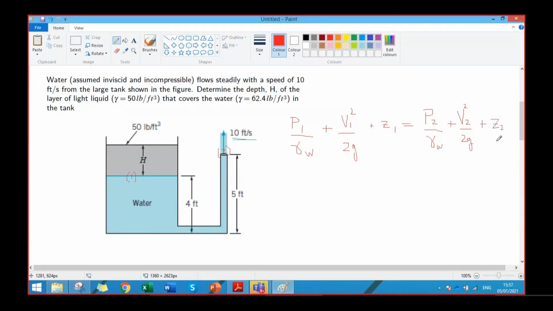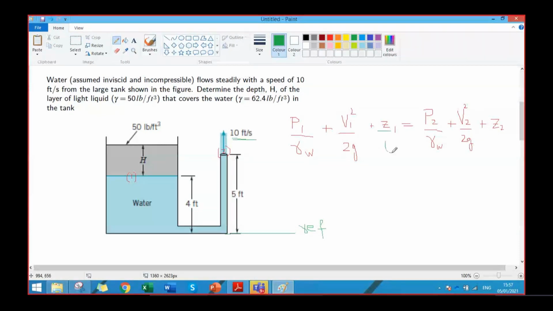Yes. Now we can apply some simplification on this equation. First, we need to establish from where we will be measuring Z1 and Z2. Let's say we define the bottom of the tank as our reference. Yes, sir. So Z1 would be 4 feet and Z2 would be 5 feet, right?